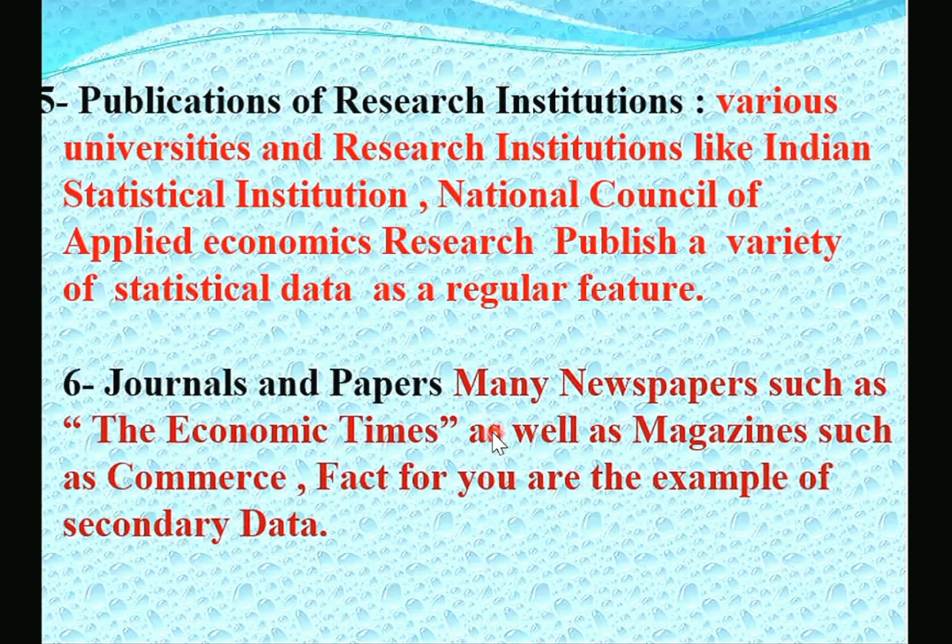There are various research institutions which conduct research in various fields, and they are also supposed to publish their reports annually or frequently. For example, various universities and research institutions like the Indian Statistical Institute and the National Council of Applied Economic Research publish a variety of statistical data as a regular feature.